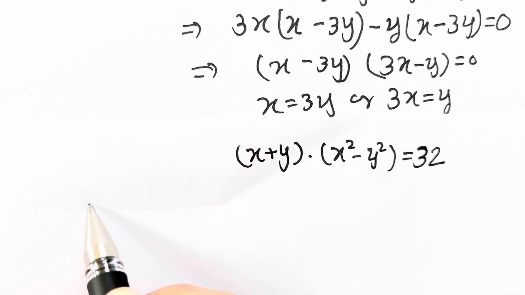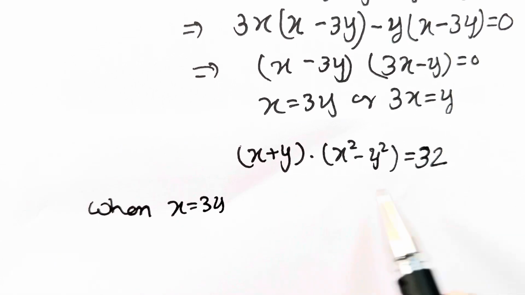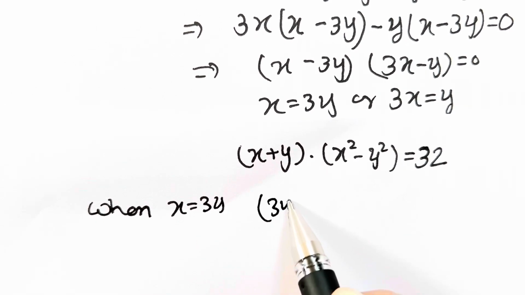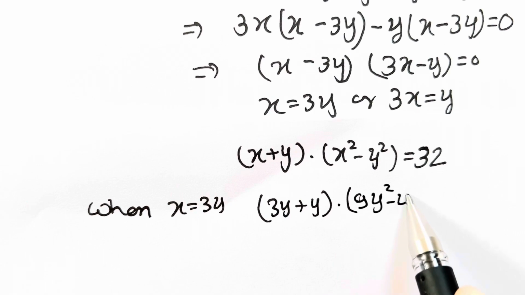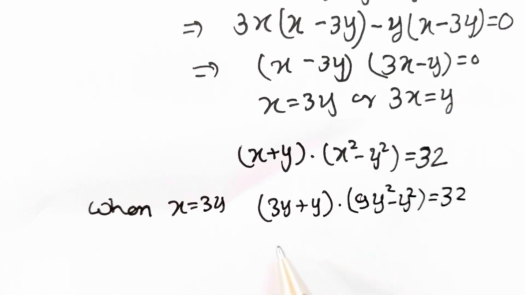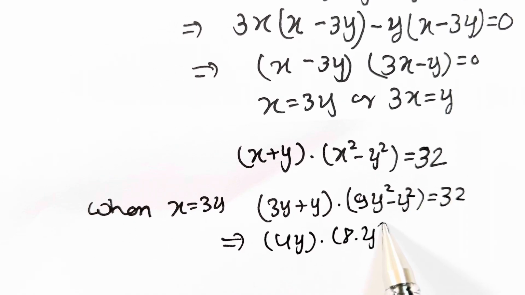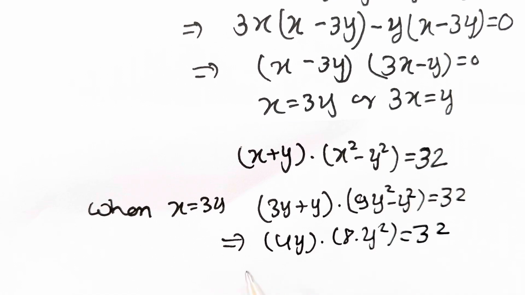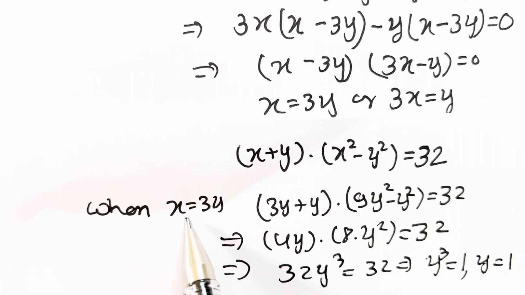So when x is equal to 3y, this equation will become 3y plus y into 9y square minus y square is equal to 32, which is 4y into 8y square is equal to 32, which is 32y cube is equal to 32, which means y cube is equal to 1, means y is equal to 1. And when y is equal to 1, x will become 3.